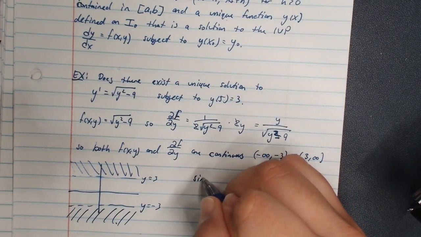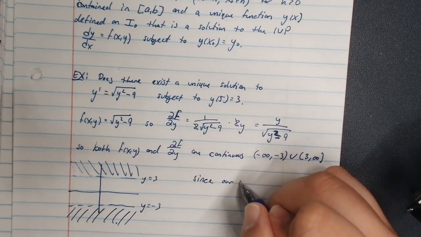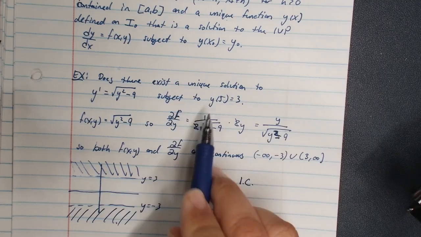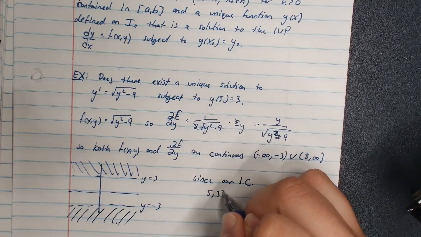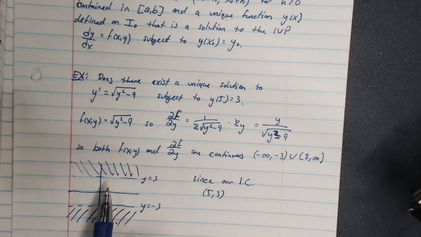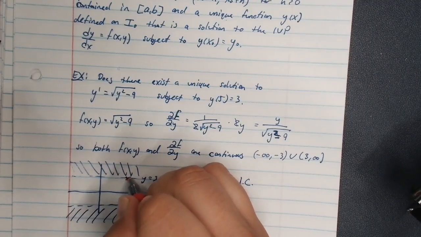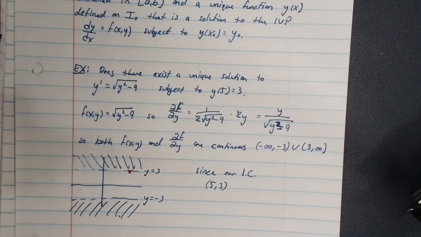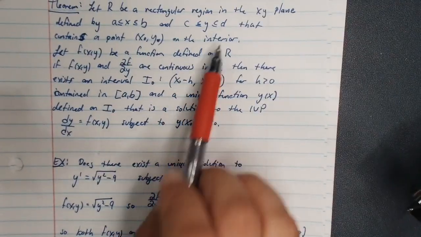However, what is our initial condition? Our initial condition, x is equal to 5 and y is equal to 3, so 5 comma 3, that would be right about here. That's not inside of either of those regions. Remember, it has to be properly on the interior.